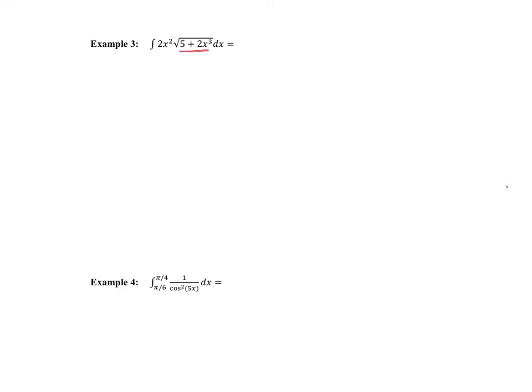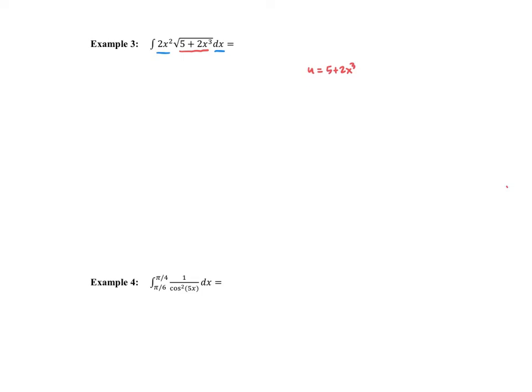This is going to be my u. u is equal to 5 plus 2x cubed. The reason I picked that is because when I differentiate, g prime of x, or the derivative of that, should end up outside along with dx, or some relationship to that function g prime of x times dx.